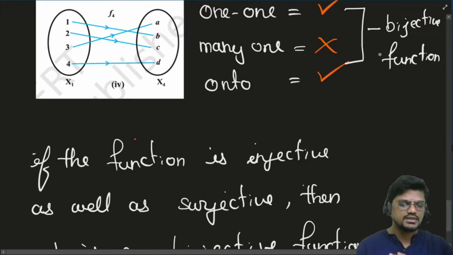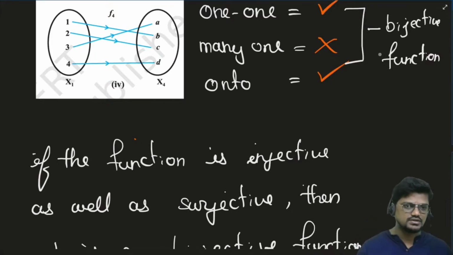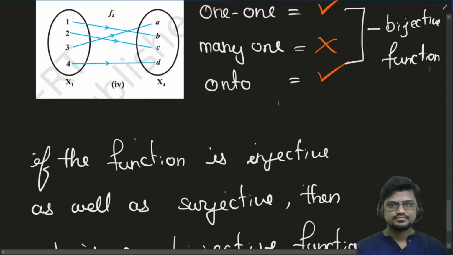Now you guys type in the chat box whether you have understood. Can you identify a function as one one function, many one function, onto function, injective function, surjective function, and bijective function? Is this clear? Please type clear in the chat box. Okay, very good.